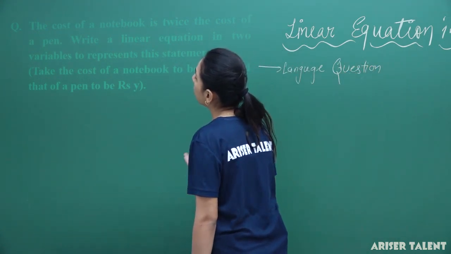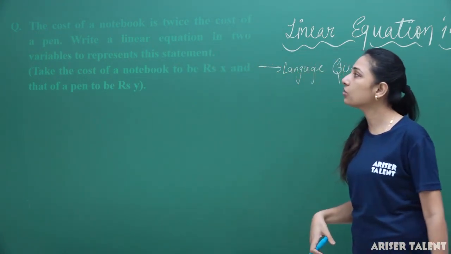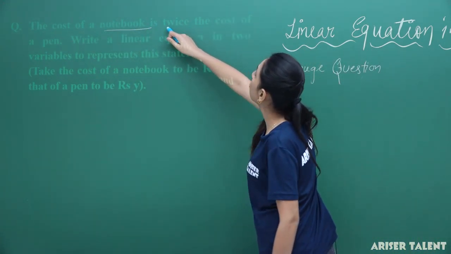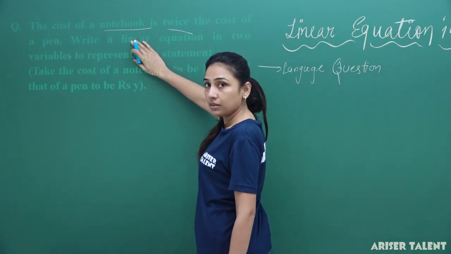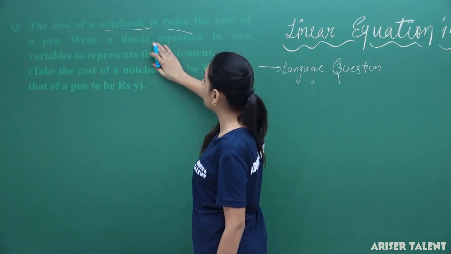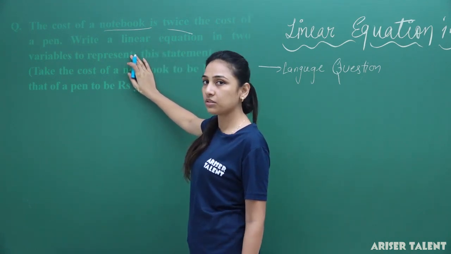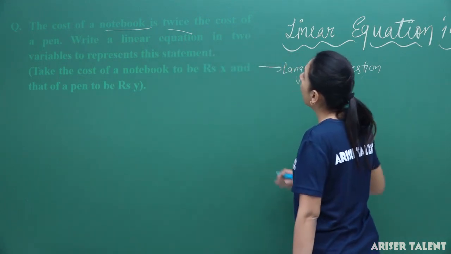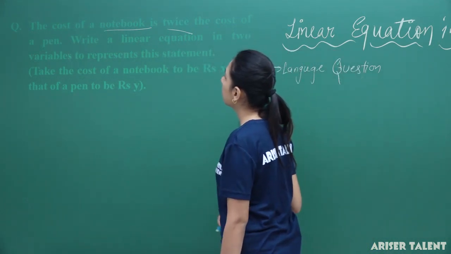The cost of a notebook is twice the cost of a pen, right? That means if you have a 10 rupee notebook, then the pen is 5 rupees. It's just half. Write a linear equation in two variables to represent this statement.